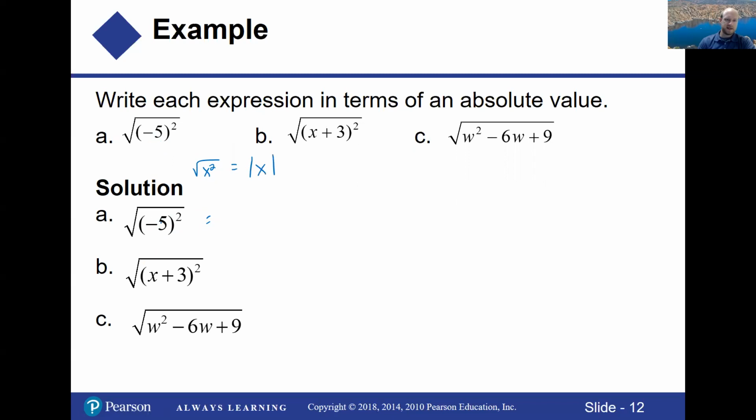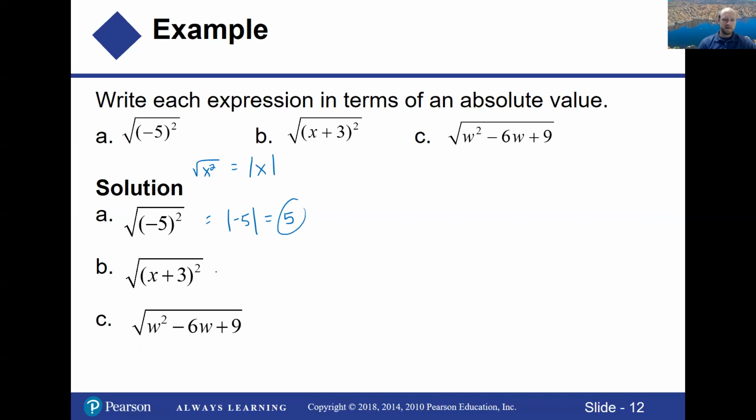What is x in this case? Well, it's -5. So I'm going to have the absolute value of -5 for my answer, which is equal to +5. So that is the answer for that one.